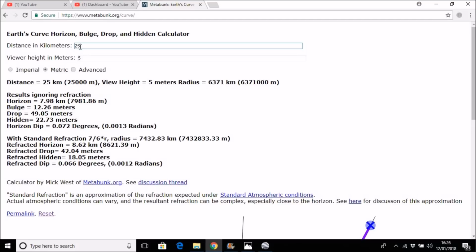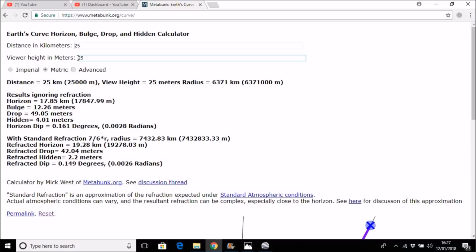Now at 25 kilometers, that land is at sea level, so you've got to allow for it to rise up a bit. But I think 32 is the more interesting observation, the more accurate one. From 25 meters up, only a couple of meters would be obscured from our view at 25 kilometer distance, and at 32 kilometers, maybe as much as 10 or 15 meters would be hidden from our view.